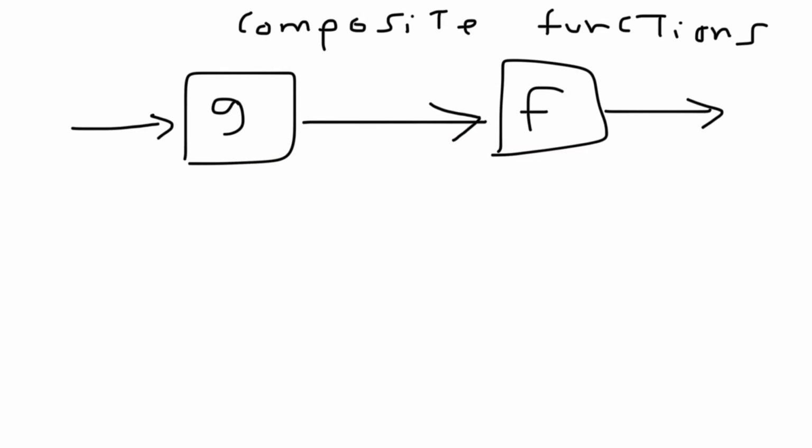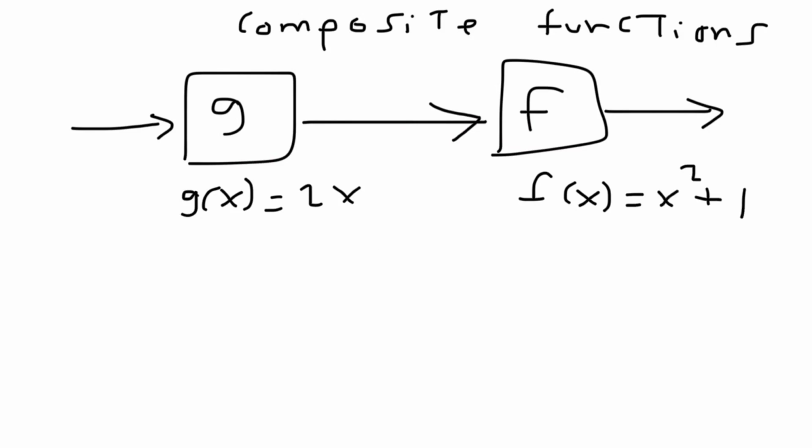And instead of getting the output from here and output from there and adding them or multiplying them or dividing them, actually the output from one is going as an input to the other one. So for example, if g of x is equal to 2x, and f of x is equal to x squared plus 1, okay?